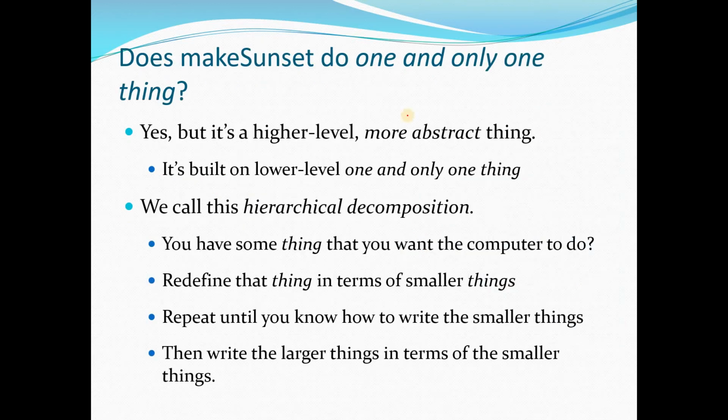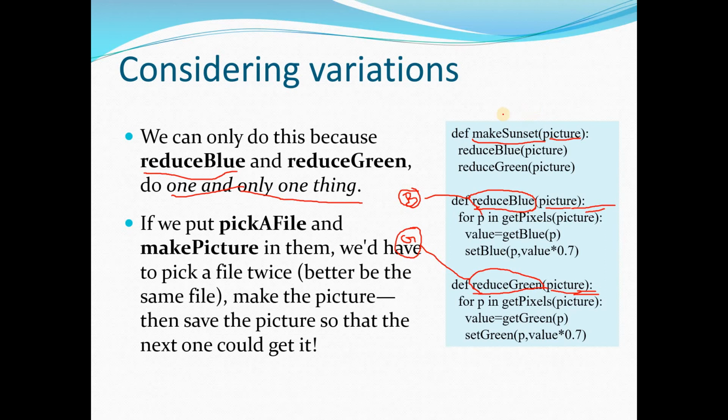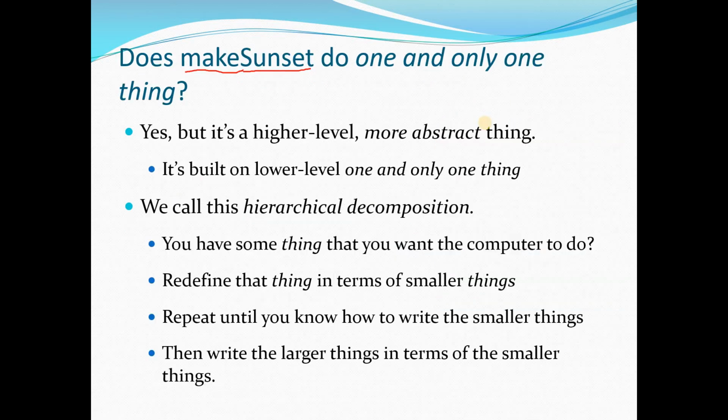So both these functions do the same thing, make the sunset, but practically the function over here is doing one thing only at the highest level. At the highest level this problem is solved by making the sunset. So overall this whole program will create a sunset effect.